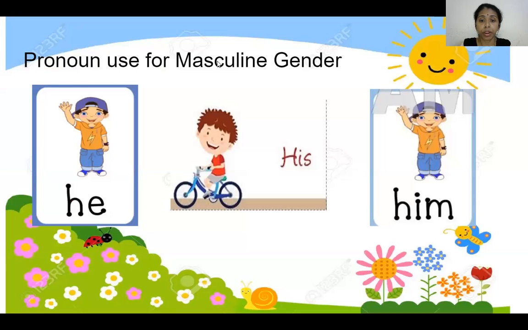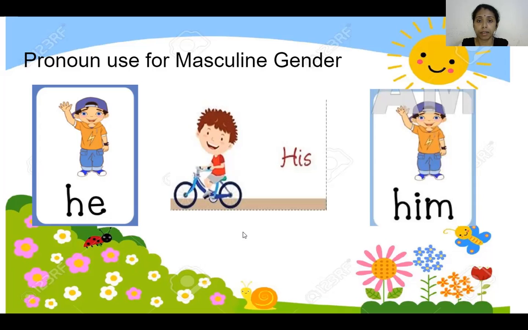Pronoun used for masculine gender, means male person. For the male person, for masculine gender, which pronoun will we use? We can use he, his, him. These pronouns are used for masculine gender, means male person.